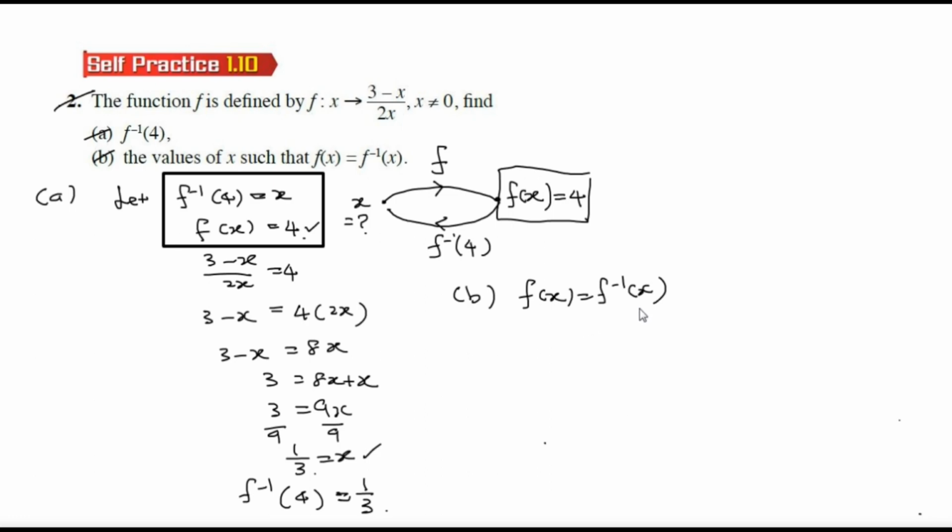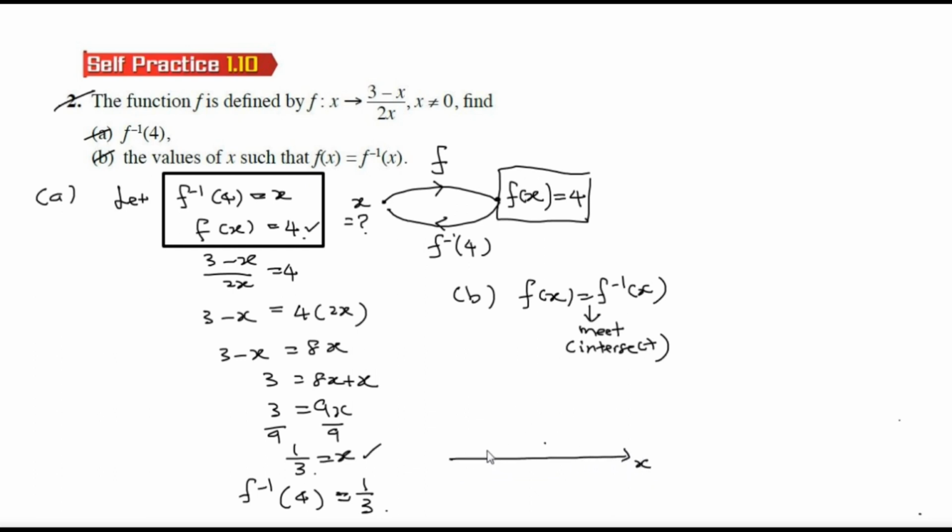Fx equal to f inverse x. Equal means these two functions, they meet, or if you refer to graph, they intersect. For example, I give you one example. Let's say this is x, this is the x-axis.